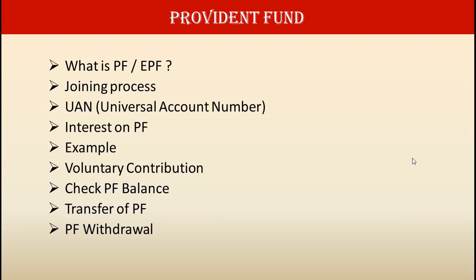One of the most important things, the universal account number, then the interest on the Provident Fund that we receive, and one example we are going to see for illustration purposes. Also, any voluntary contribution that we can make towards the Provident Fund, and how to check the Provident Fund balance, transfer and withdraw the Provident Fund balance that we currently have. So these are some of the things that you will be able to answer if you have any questions in mind as far as Provident Fund is concerned.